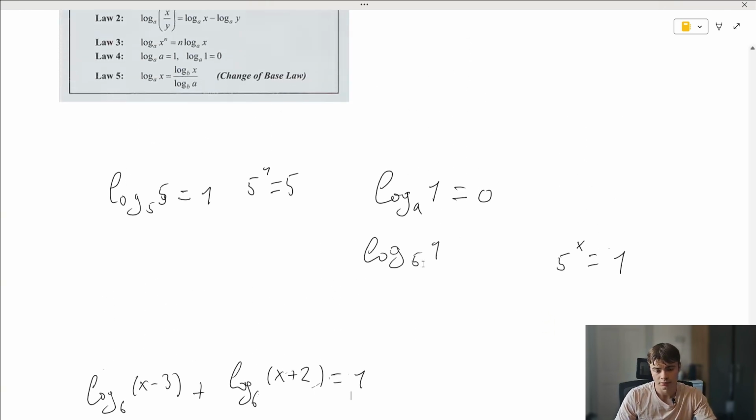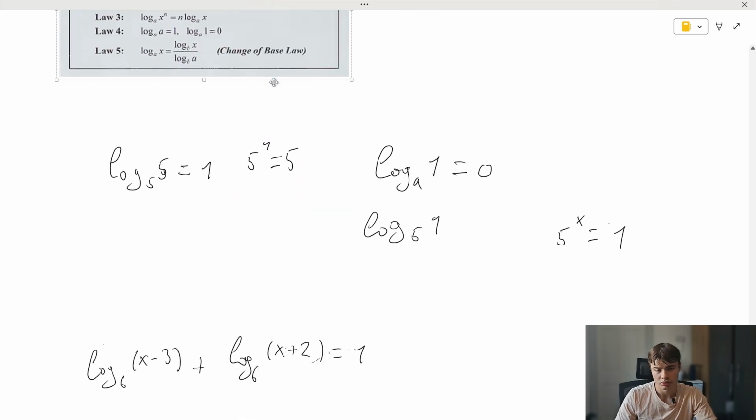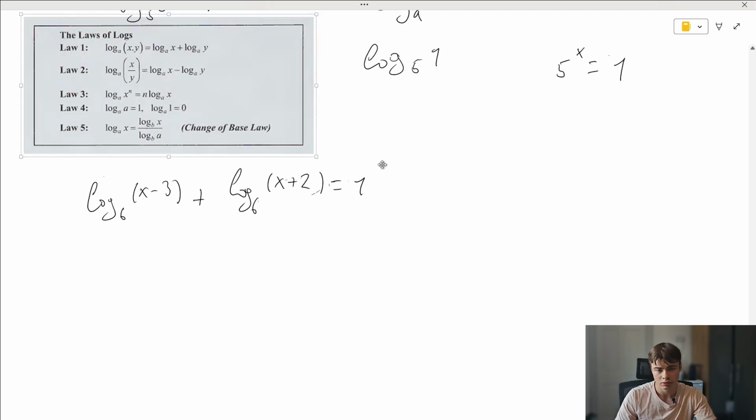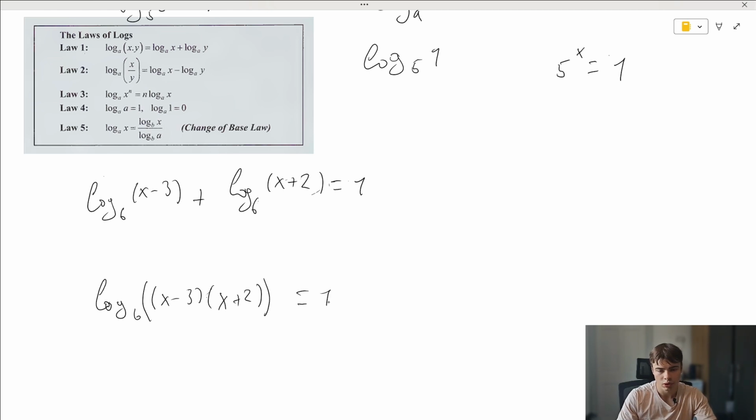Okay, we see that we have log of something plus log of something of the same base. So we can use the first law to combine them together. Log base 6 of x minus 3 multiplied by x plus 2 equals 1.